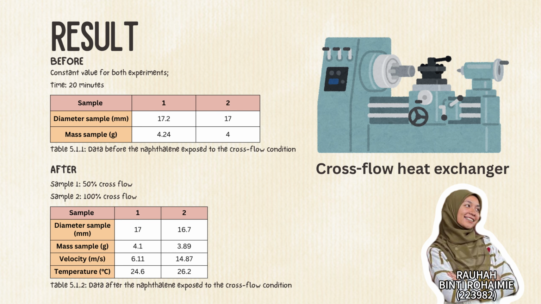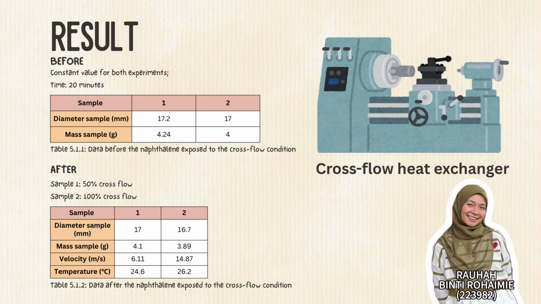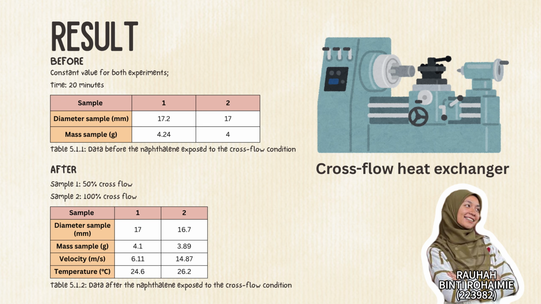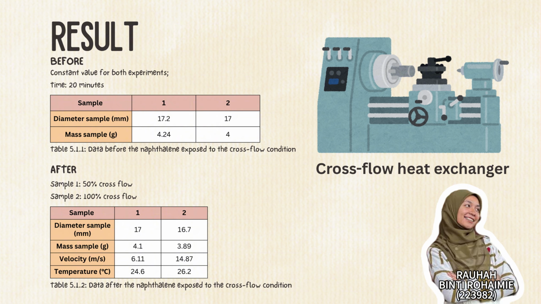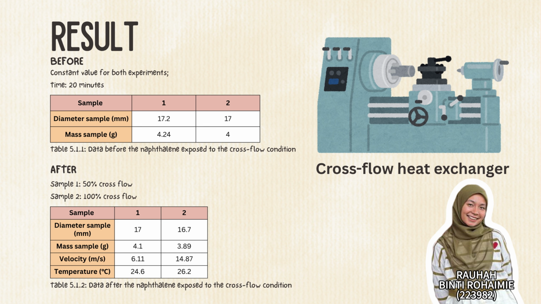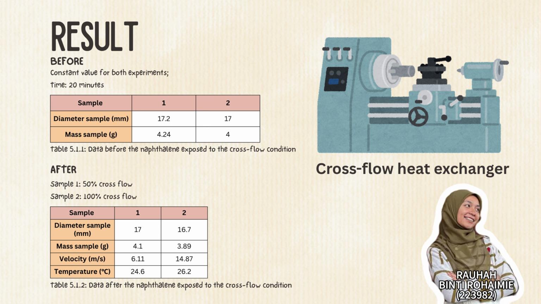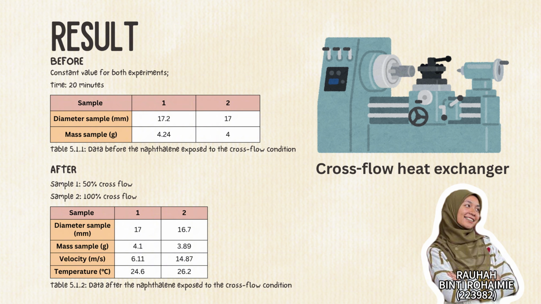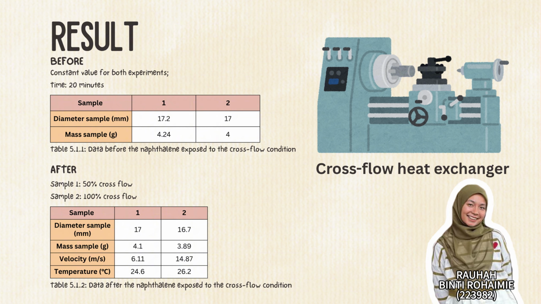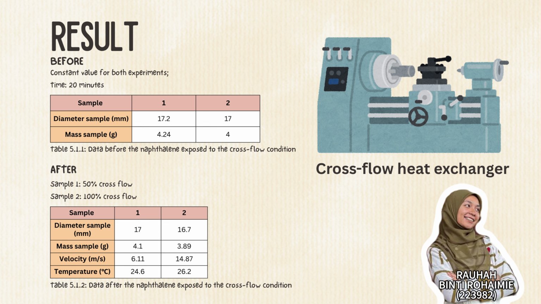For results, we can see here we have two types of table. The first one is table 5.1.1, showing the data before the naphthalene was exposed to the cross-flow condition. For the experiment, we set a constant value for both, which is 20 minutes for the time. We set sample 1 as 50% cross-flow, sample 2 as 100% cross-flow.